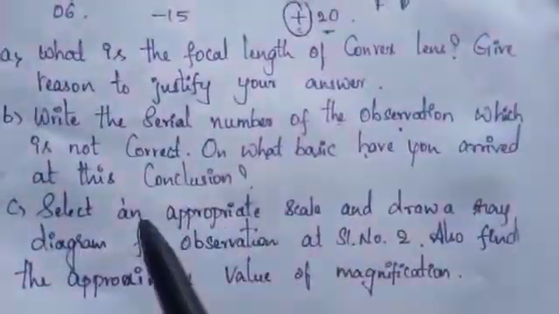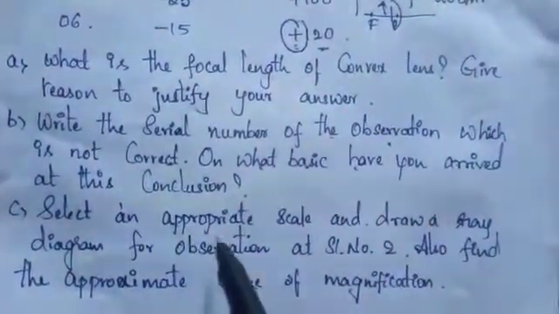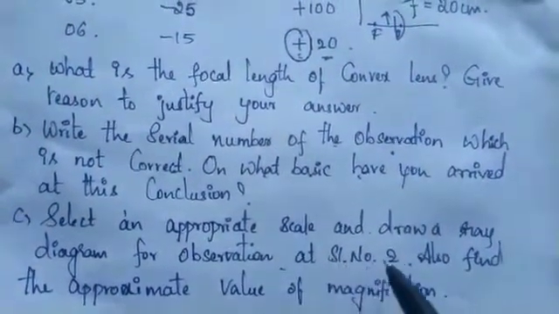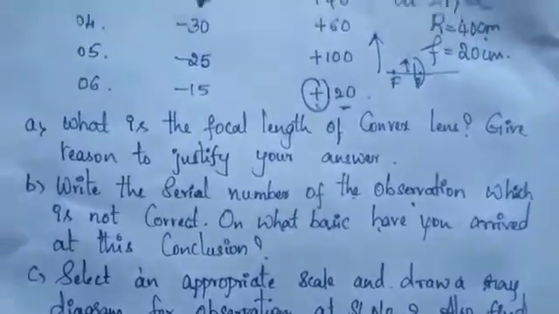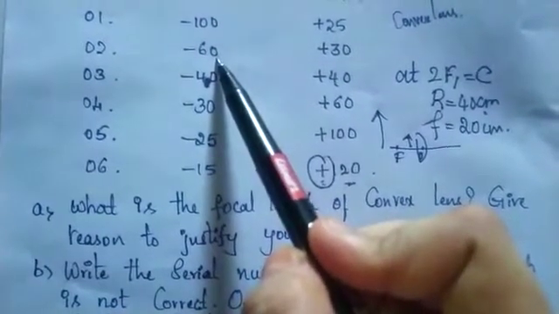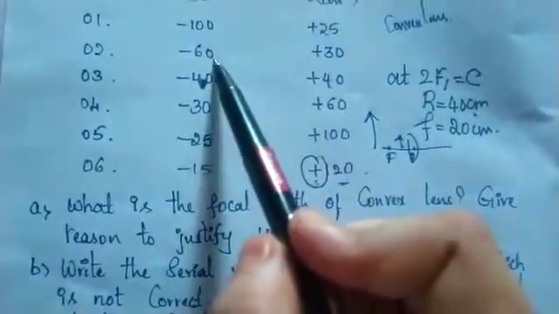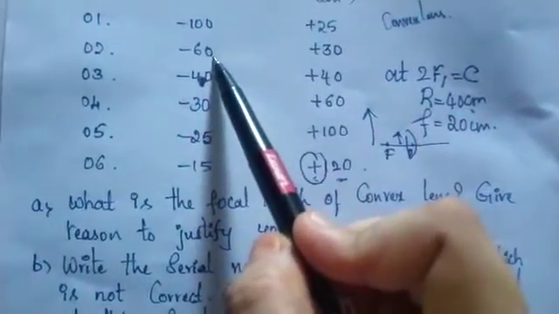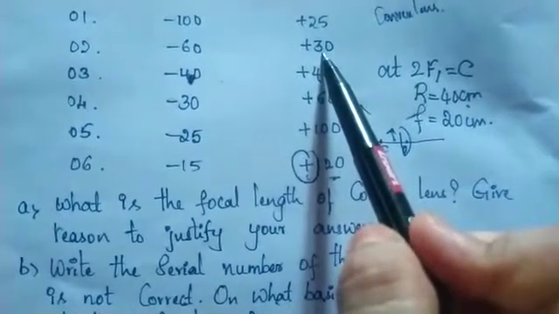Now I will go with the last one. Select an appropriate scale and draw a ray diagram for the observation at serial number 2, and also find the approximate value of magnification. You have to observe serial number 2, that is when the object is beyond 2f1. Object distance u is equal to minus 60 centimeter, v is equal to 30 centimeter.